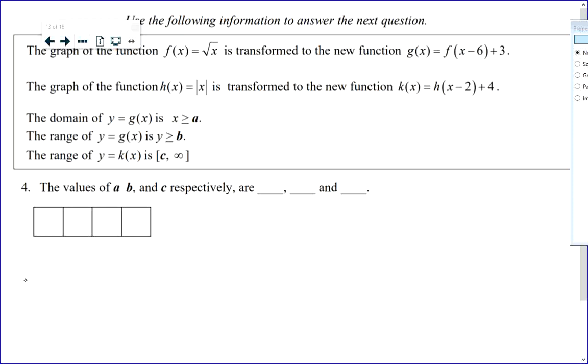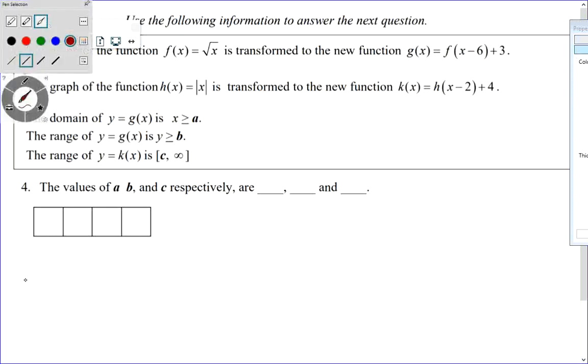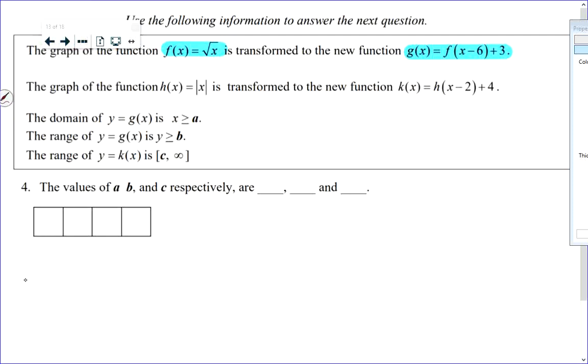The most important aspect is that this function is transformed into this function, and if we know what f of x equals root x looks like, we ought to be able to figure out what g of x looks like, because looking at what I've highlighted in blue on the right side of the screen, h is positive 6, and k is positive 3. And that means whatever f of x equals root x looks like, we have to translate it 6 units to the right and 3 units up.